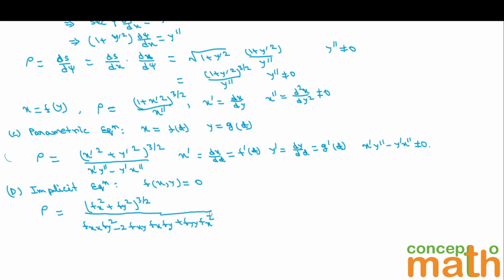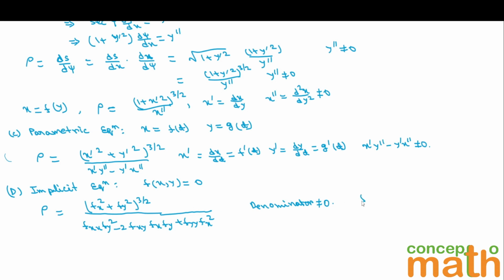See, the denominator is symmetric, where the denominator does not vanish. That means it is not equal to 0. So the point at which we want to find the radius of curvature, at that point the denominator should not vanish. Otherwise, this formula would not work to find radius of curvature at that point.